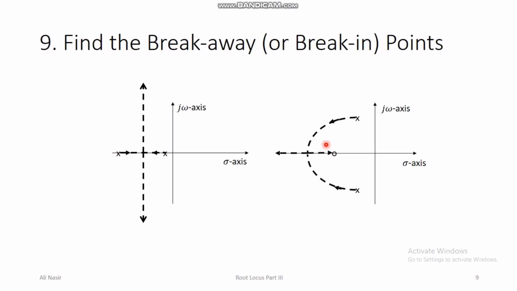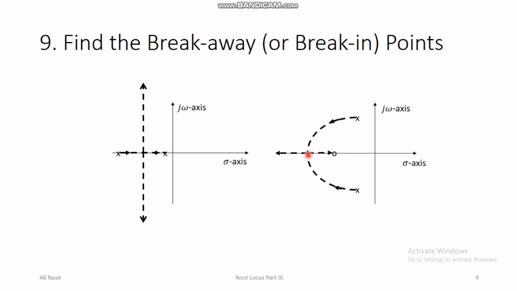Similarly, sometimes there are complex conjugate poles, or poles away from the real axis, and their root locus path is such that they converge onto the real axis. Whenever a pole converges onto the real axis, due to symmetry around the real axis, another pole at the same time will also converge to the real axis.